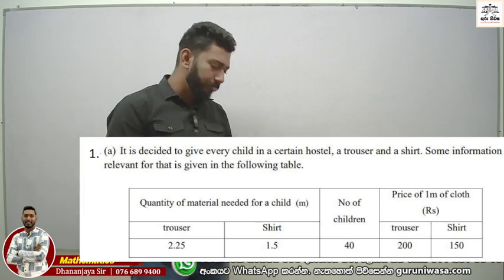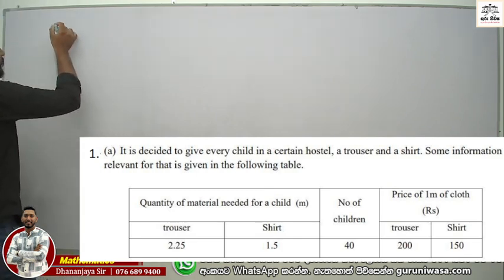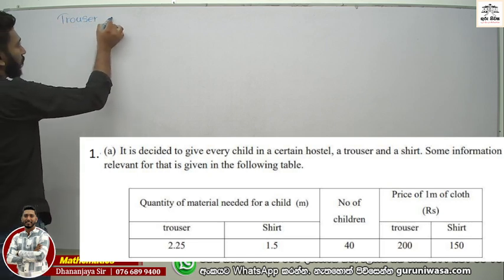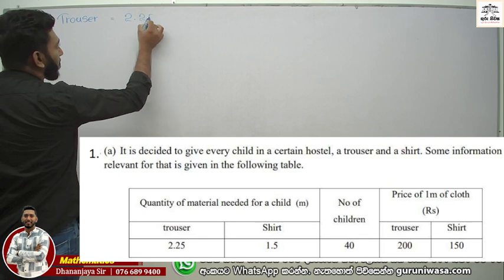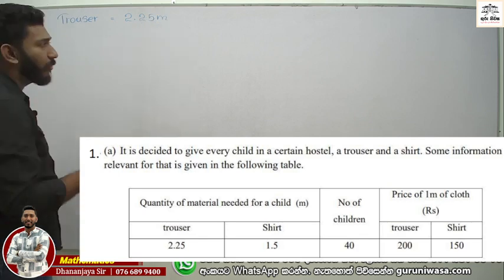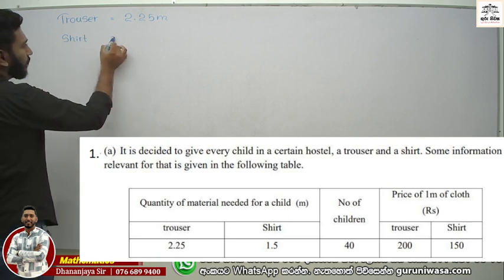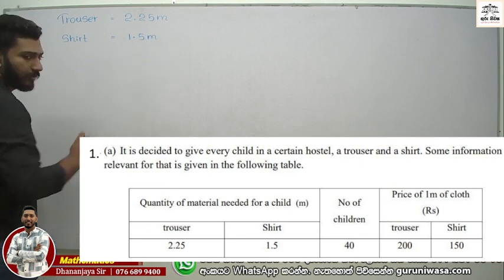For a trouser, 2.25 meters needed, as well as a shirt, 1.5 meters needed.